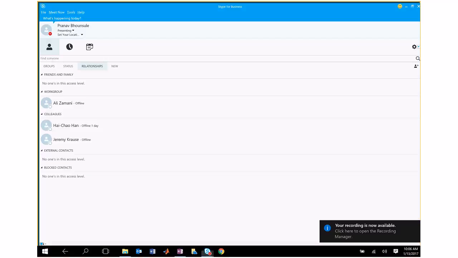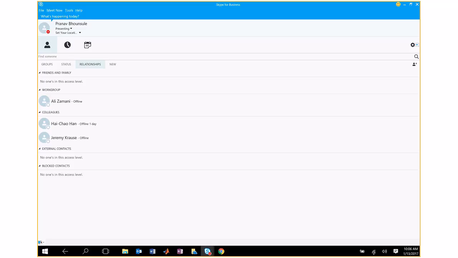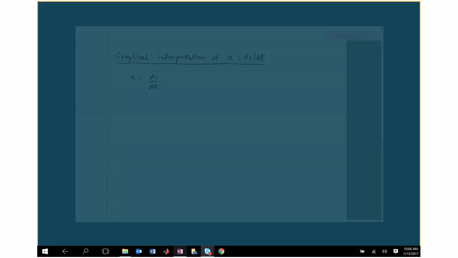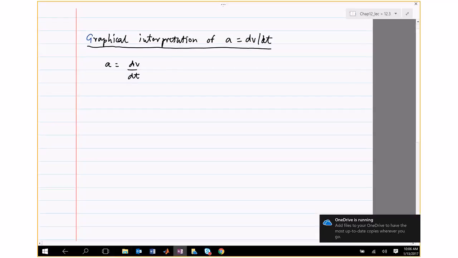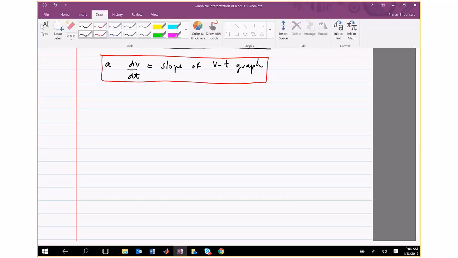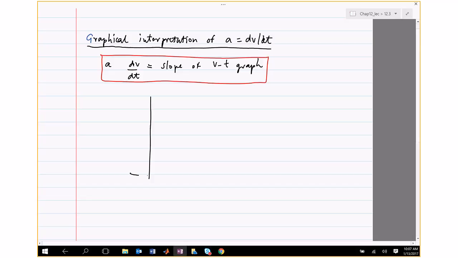This is the slope of the vt graph. So velocity time plot.